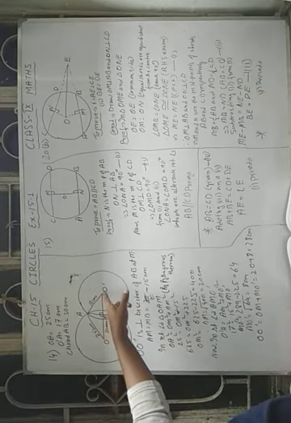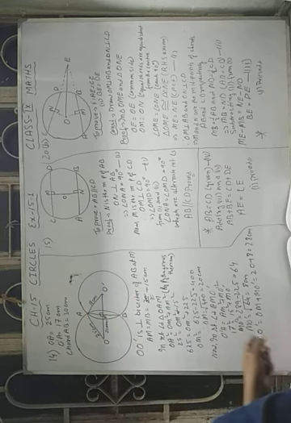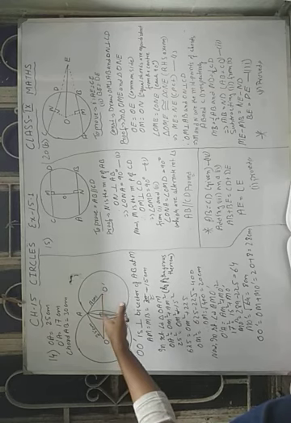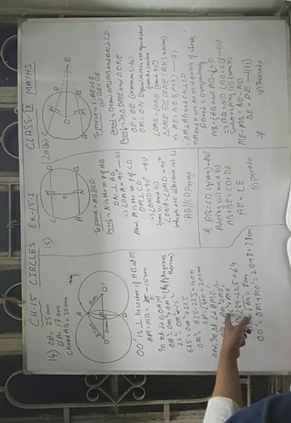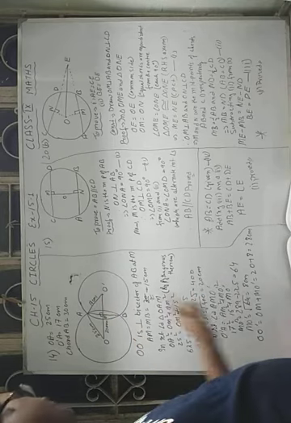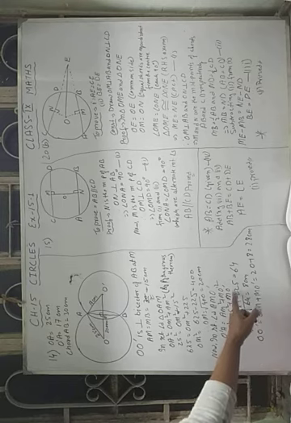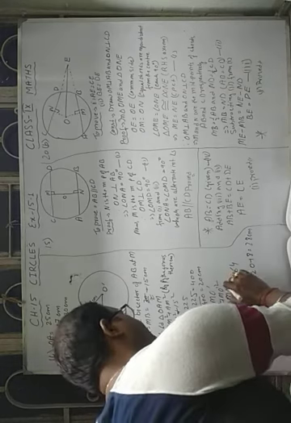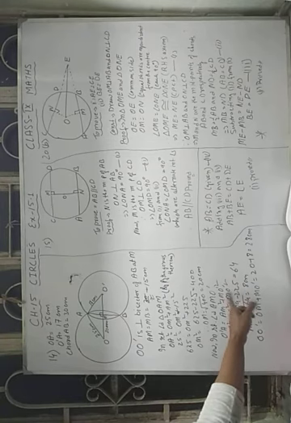Now consider the triangle O dash AM. In this right angle triangle, again O dash A is the hypotenuse, and AM and MO dash are the other two sides. So O dash A square equals AM square plus MO dash square. The radius is given as 17, so 17 square equals 15 square plus MO dash square. 17 square is 289 minus 15 square, which is 225.